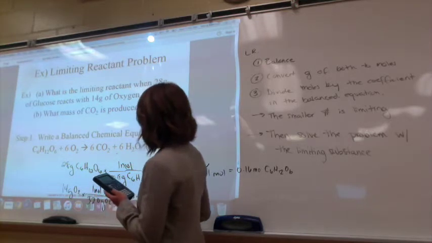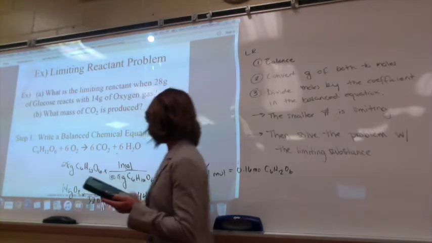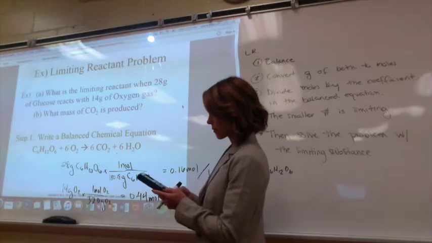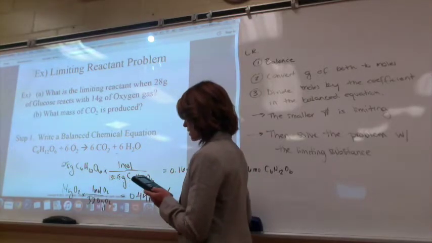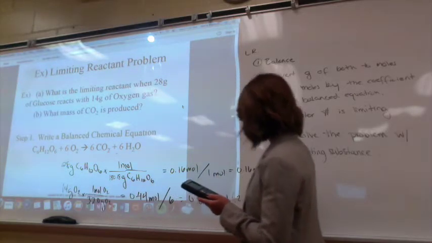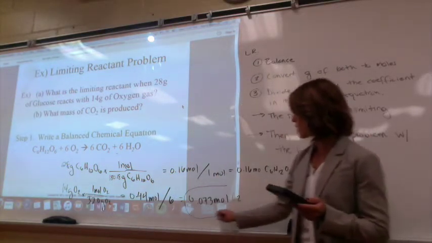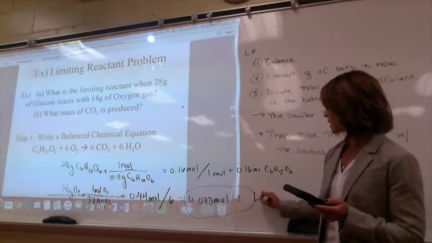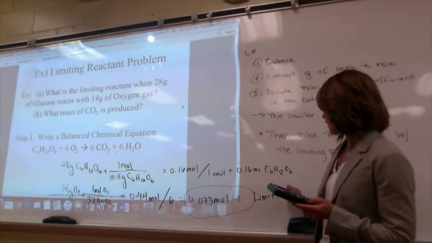And then I divide this by the coefficient here, which is a 6. This gives me 0.073 moles of O2. So which one is smaller? Clearly this is smaller, right? So then my limiting is definitely O2.